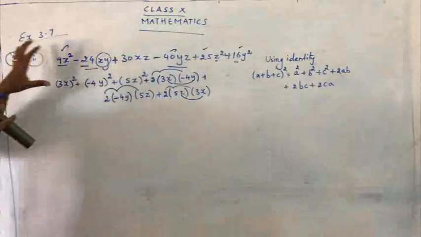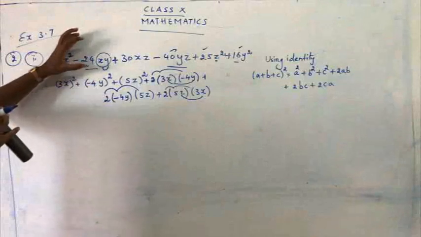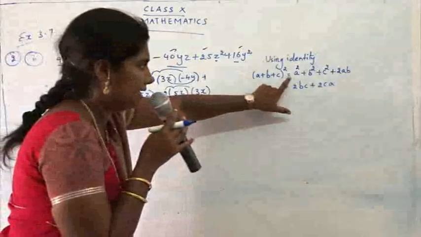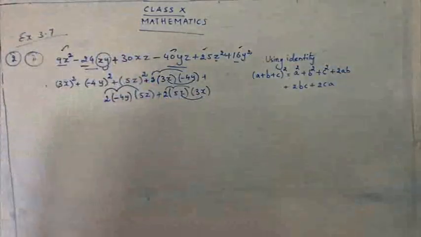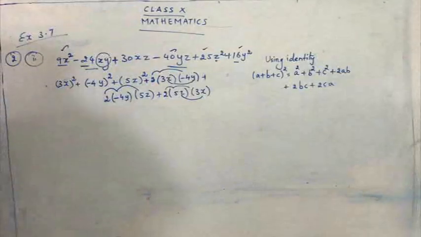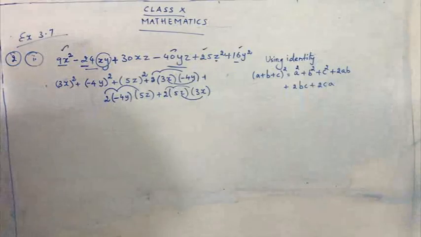So what we have done is we have adjusted the given question in such a manner that it satisfies the identity a plus b plus c the whole square is equal to a square plus b square plus c square plus 2ab plus 2bc plus 2ca.